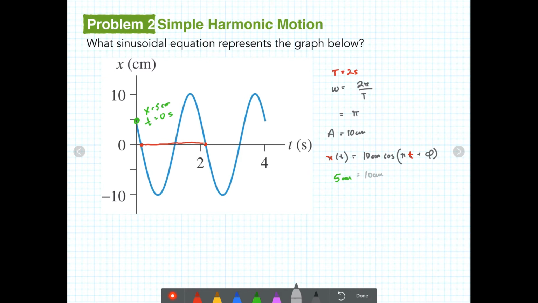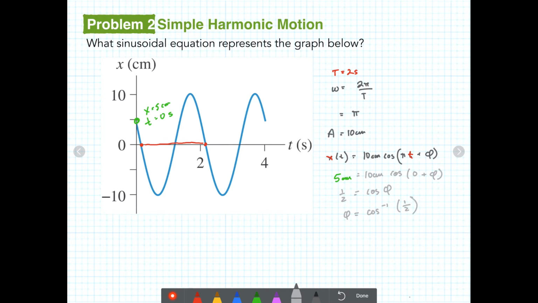It's equal to 10 centimeters cosine 0, because t is equal to 0, plus phi. So you look, this becomes 1/2 equals cosine of phi, which means phi is equal to cosine inverse of 1/2.